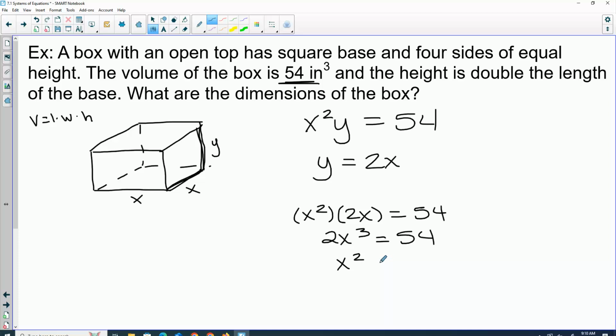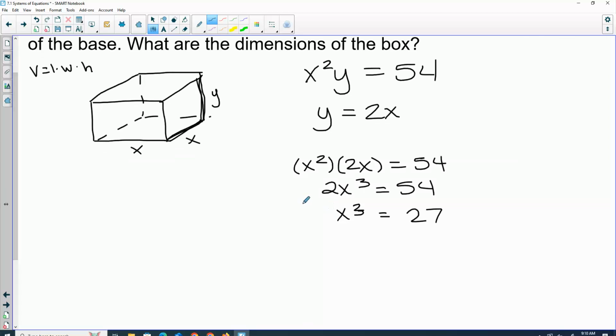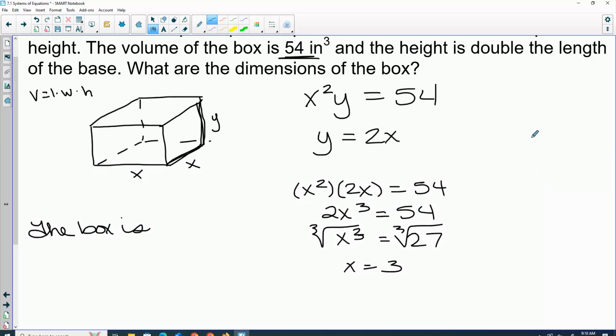Divide by 2. Get rid of the cube, we do the cube root, and x is 3. Plug that back in to get our y, so y is 2 times 3, or 6.